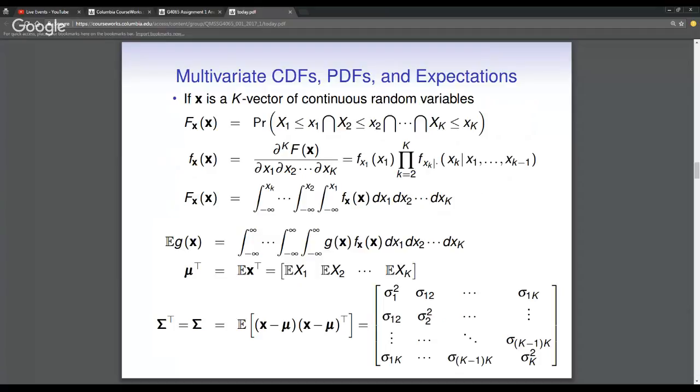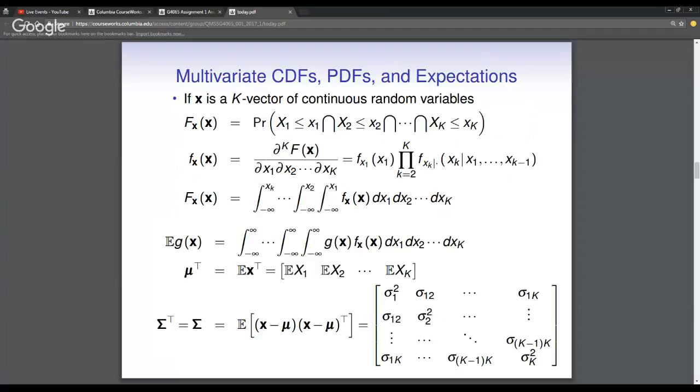Consequently, we can go from the CDF in the multivariate case to the PDF by doing what's known as the total derivative. So here we have a CDF. It's a function of the vector x. X has k elements to it.